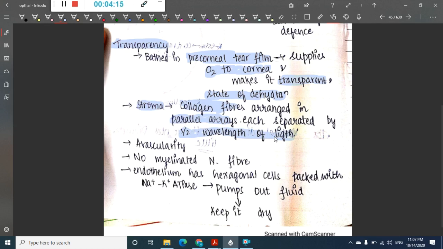Because of these collagen fibers in the stroma, the cornea is transparent. Avascularity contributes to corneal transparency. Other factors like no myelinated nerve fibers and presence of hexagonal cells packed with sodium potassium ATPase in the endothelium also contribute to transparency of cornea.